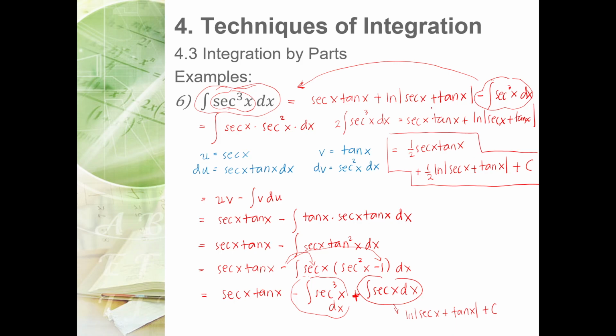So again, what we did is that when you encounter repetition of your original equation, what we normally do is combine it on the left side so we no longer have an integral.